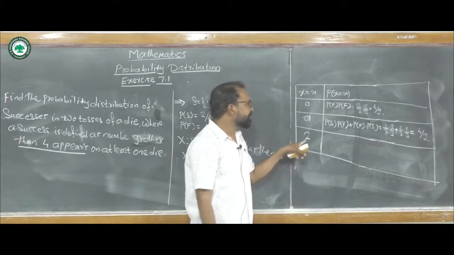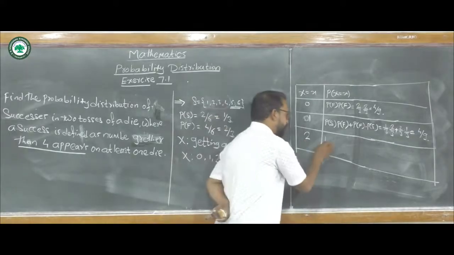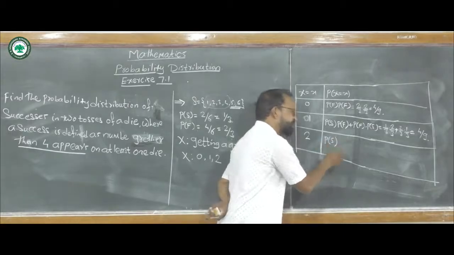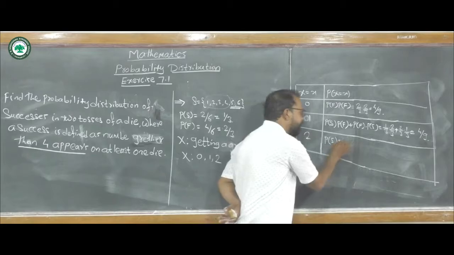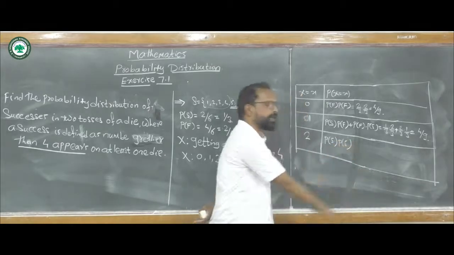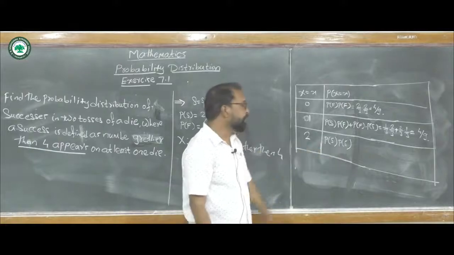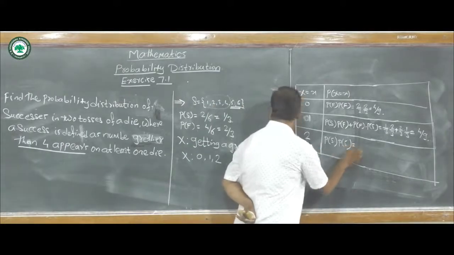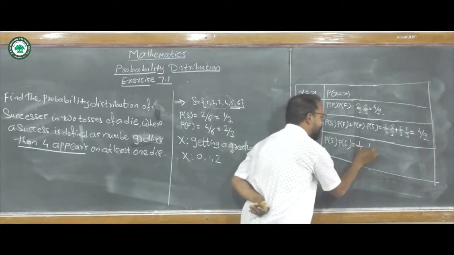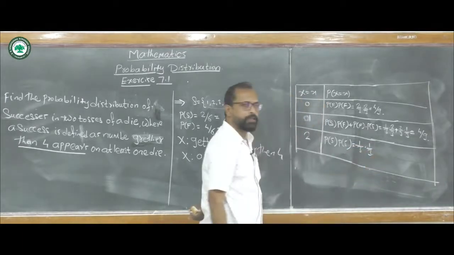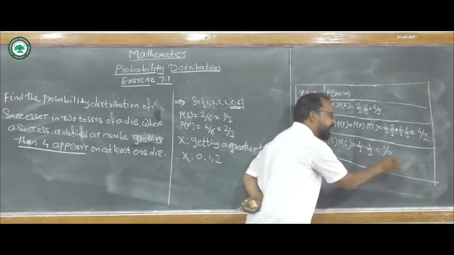Now next, the probability of getting 2 successes. So probability of getting success on first trial, and probability of getting success on second trial also. Now probability of success is 1 by 3, so it becomes 1 by 3 into 1 by 3, which is 1 by 9.